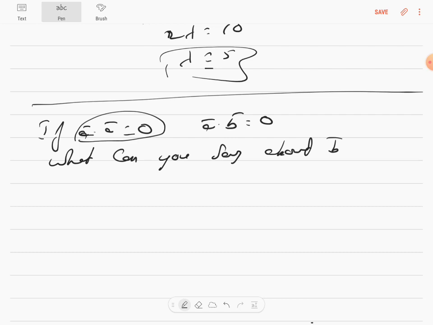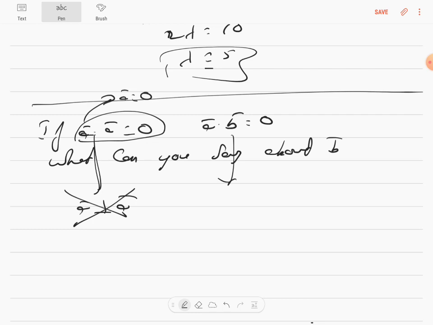When they are perpendicular, at 90 degrees. Is it possible for A vector to be perpendicular to A vector? No, it's never possible. So this situation can never exist unless the A vector itself is 0. So the B vector can either be 0 or not 0 also. It can even be any vector.